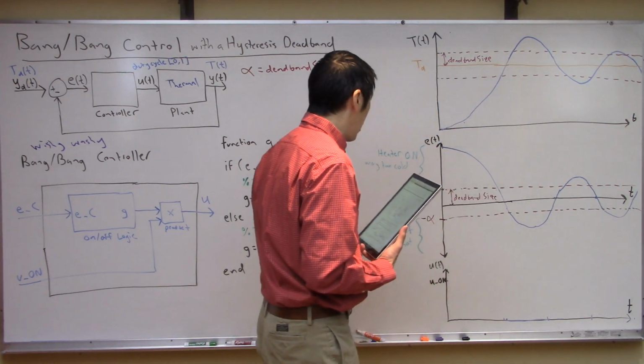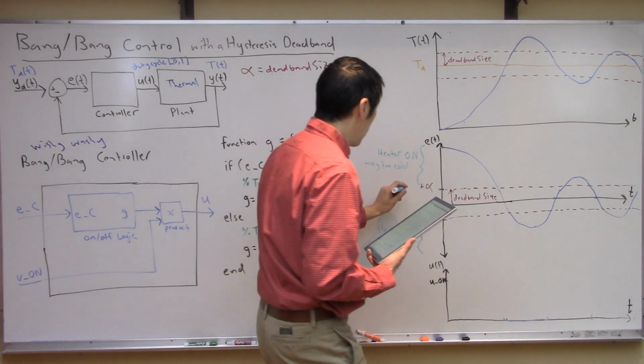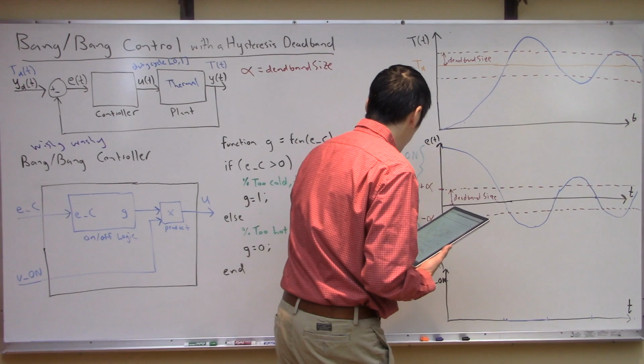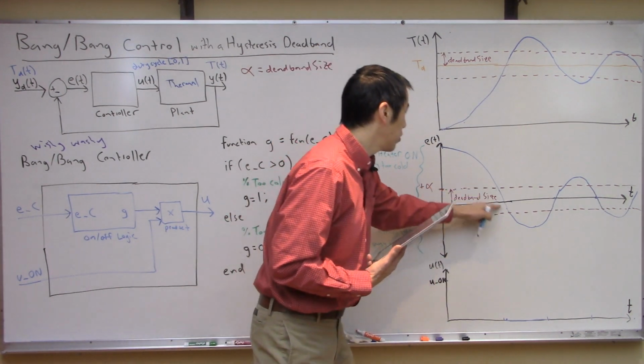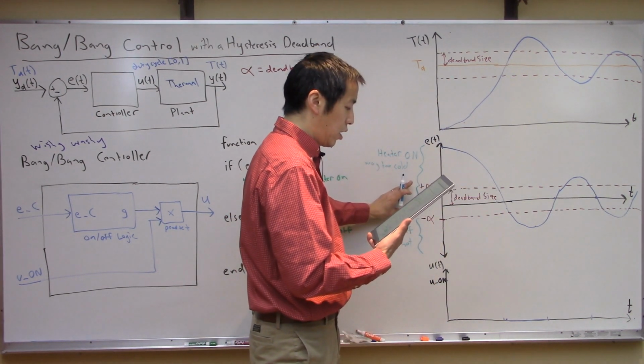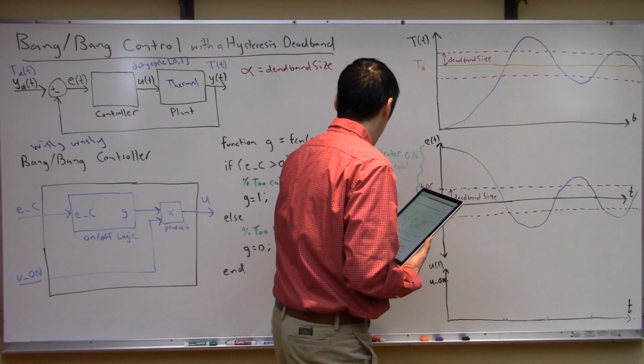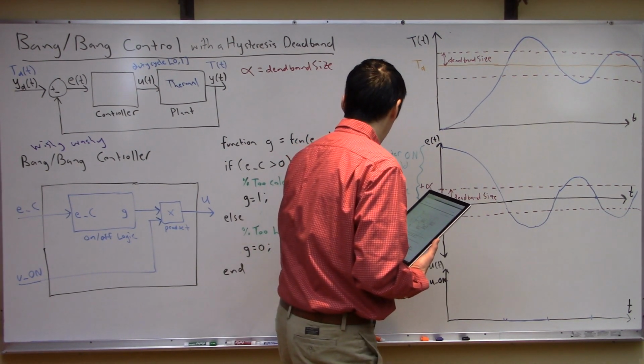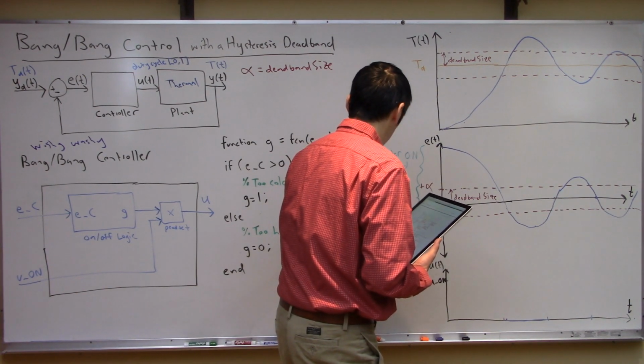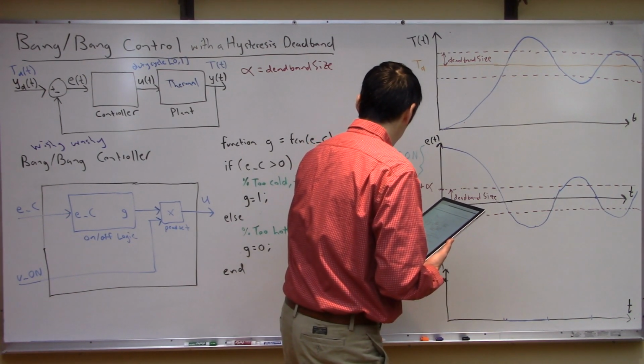Now, where it gets interesting is what do you do when you're inside the deadband? When the error signal is inside the deadband, we are going to say that the heater state will vary depending on conditions.